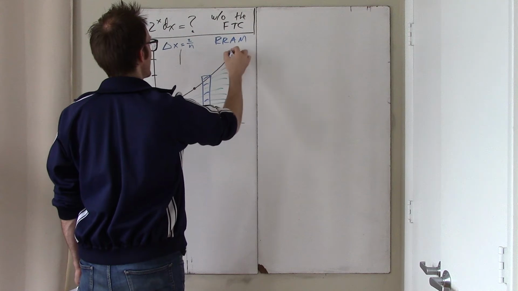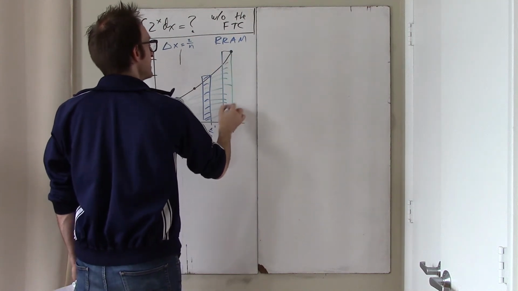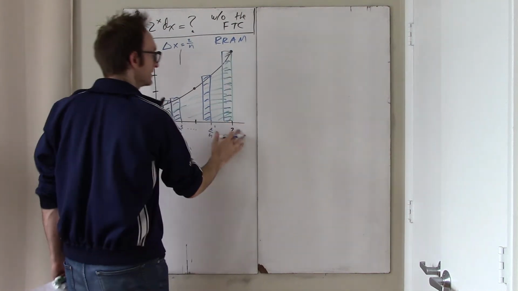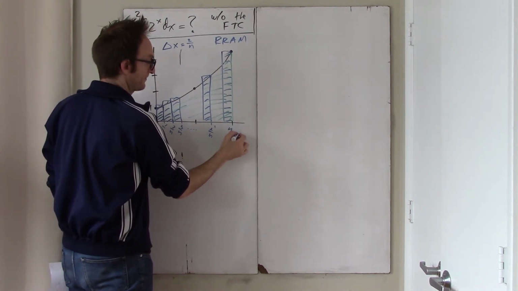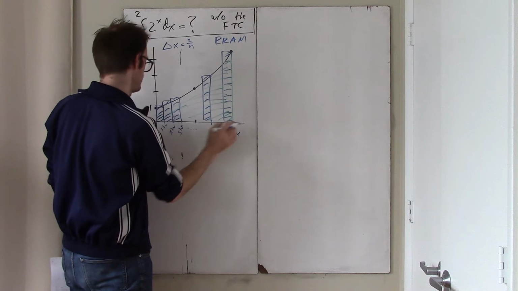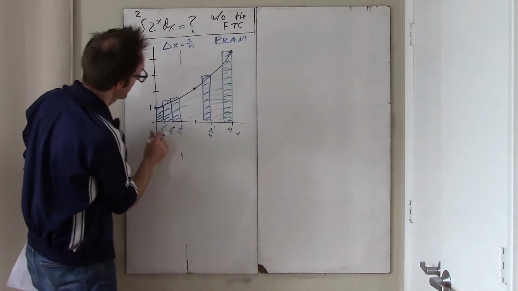And then, of course, by the time you get to the nth subinterval, then this will be n times 1 times 2 over, oops, this is just all wrong.